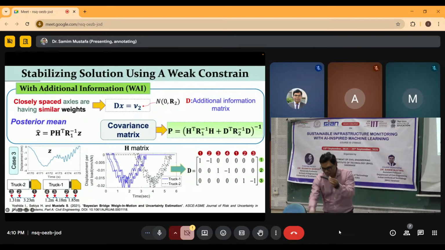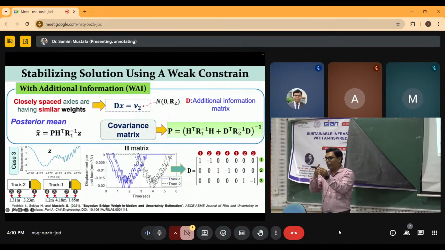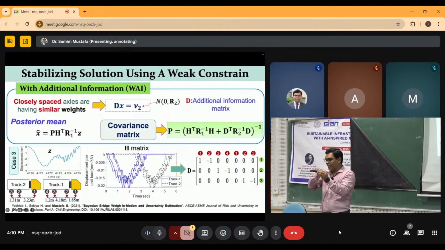But if both are closely spaced, like this, two wheels very close, then whatever weight is coming is equally shared by both axles, is it not? Suppose a 3 axle vehicle is moving, there is one axle at the front carrying the weight of the engine and other things, and the rest of the weight goes to the rear axles. Now at the rear there are 2 axles closely spaced.